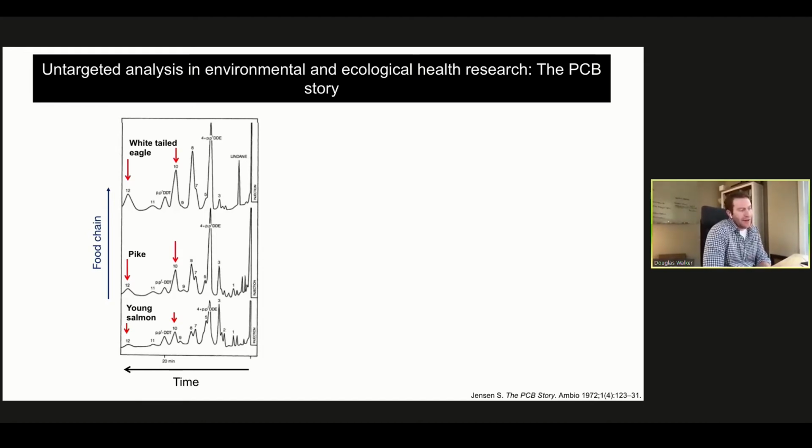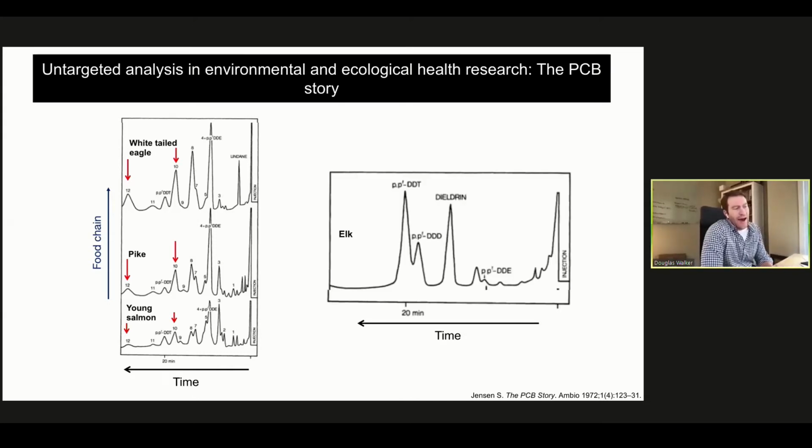And so what this is telling us is that these compounds are bioaccumulating up the food chain. So there is exposure that's occurring across the food chain, but as the animals at the top of the food chain are eating these lower species, they're essentially accumulating levels of these compounds up the food chain.